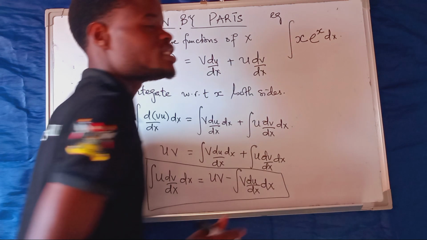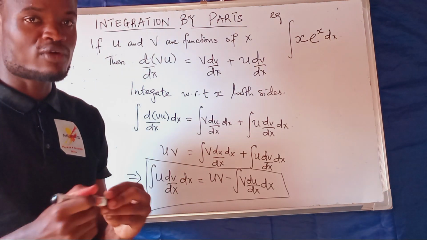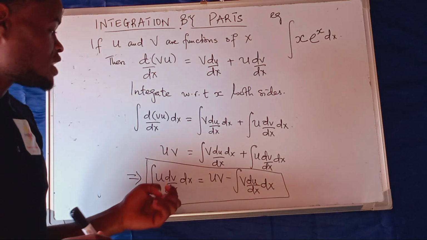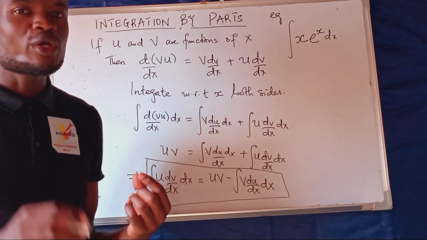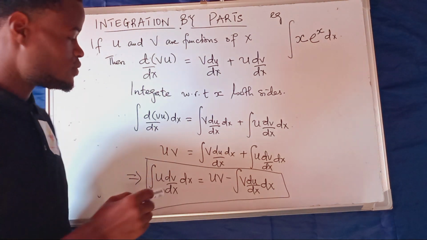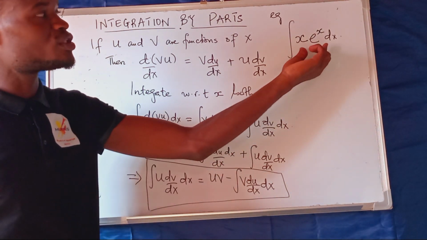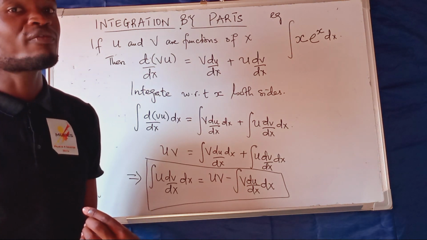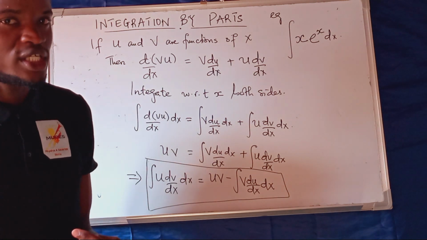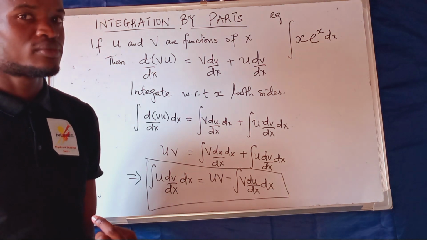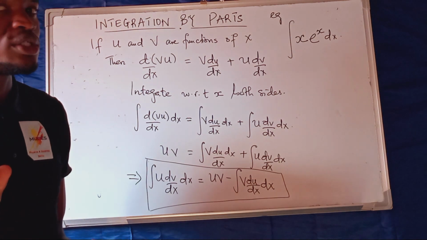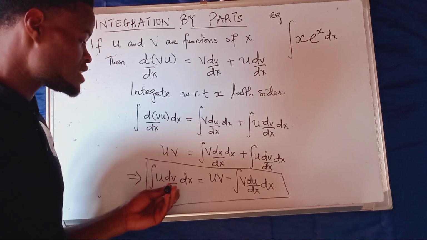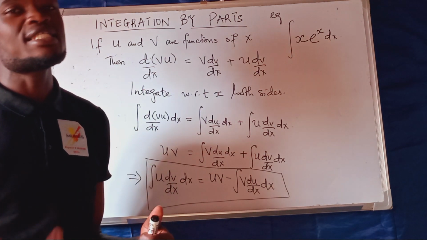If you look at this function, it is composed of two functions, this one and this one. When we are dealing with integration by parts, we always choose u to be a function of x that is easy to differentiate, and when we differentiate it, it reduces. And we always choose dv by dx to be a function which is easy to integrate.